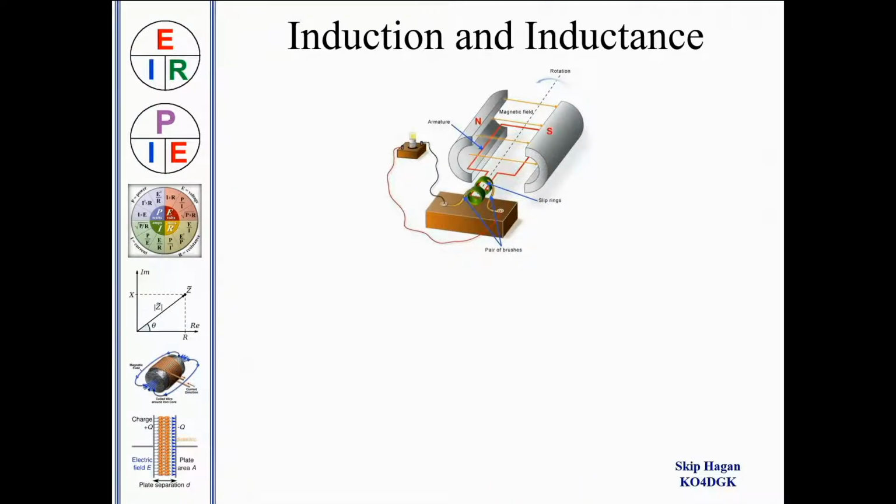So right now it's sitting in the maximum flux of the magnetic field. That coil of wire, each end is connected to slip rings. Now the slip rings then in turn are connected to either side of our load, in this case an incandescent lamp.